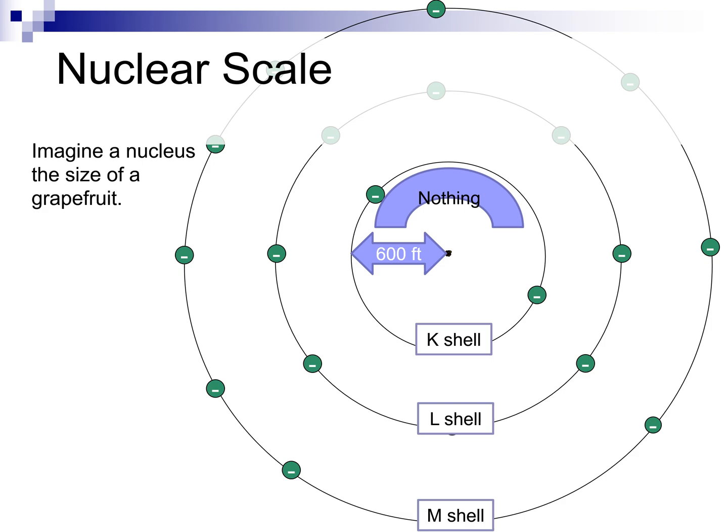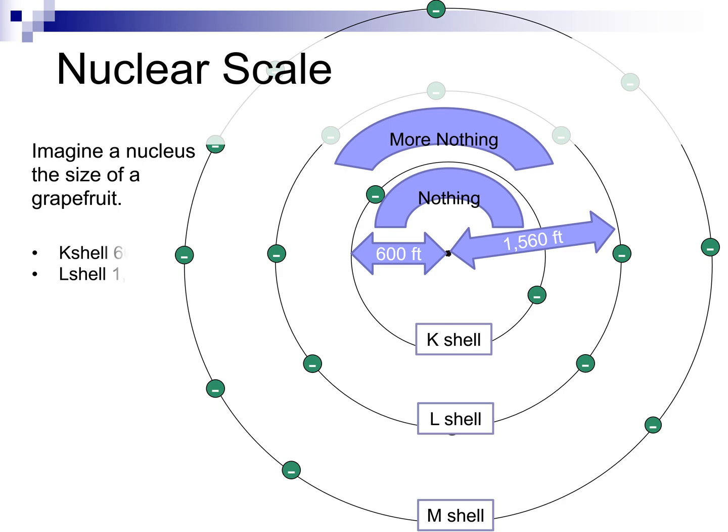To carry this example further, let's go out to the next shell. The L shell is about 1,560 feet from the center, more than twice the distance of the first shell. Again, what is in this space? And the answer again is nothing.